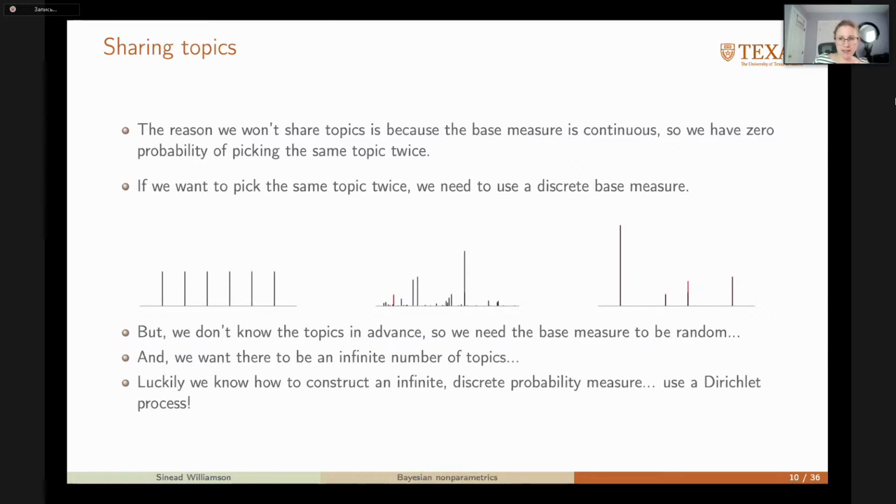Well, we've already seen this. We've been spending all of Wednesday constructing infinite discrete probability measures on some space. So instead of using a 6-dimensional probability vector, we can use an infinite dimensional probability vector where each atom is associated with a random topic.